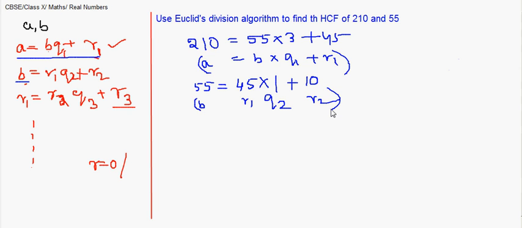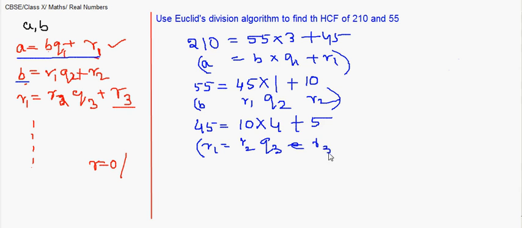The next step is to express R1, that is 45, in terms of R2, that is 10, into 4, plus 5. This is R1, this is R2, this is Q3, and again there is an R3.